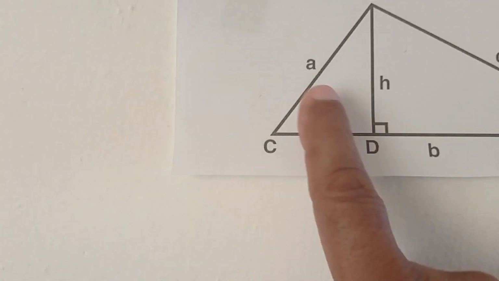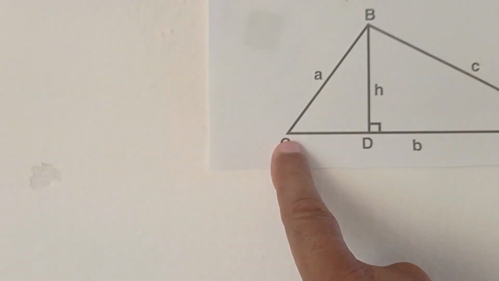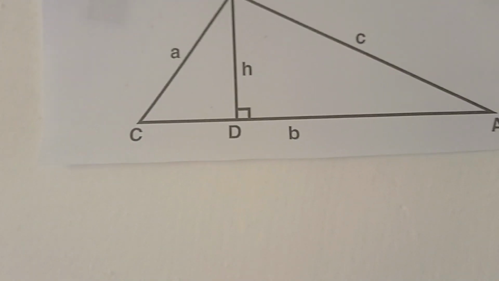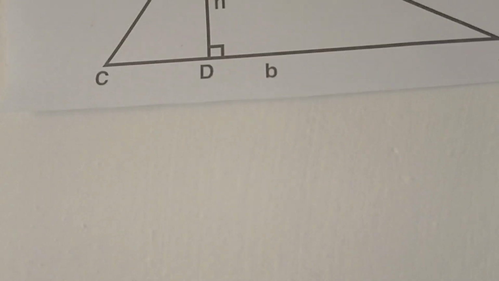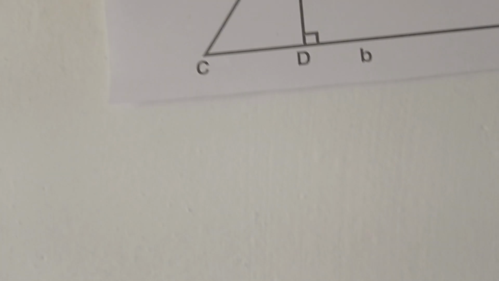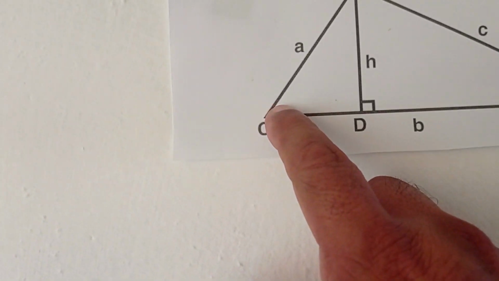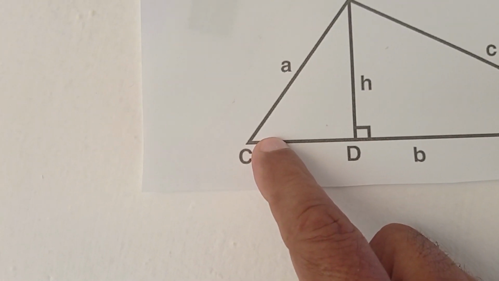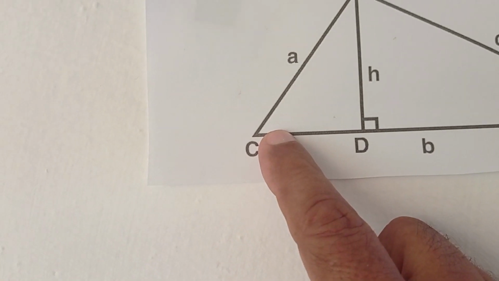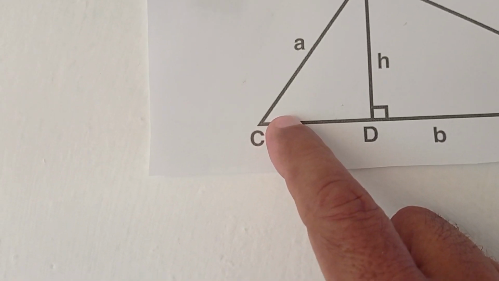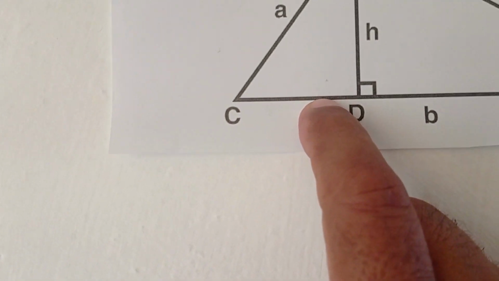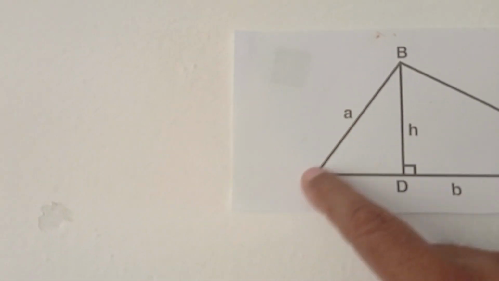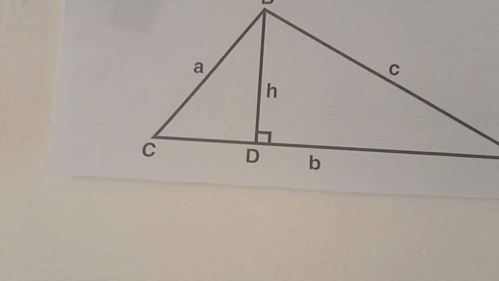Cosine of this angle equals base divided by hypotenuse.